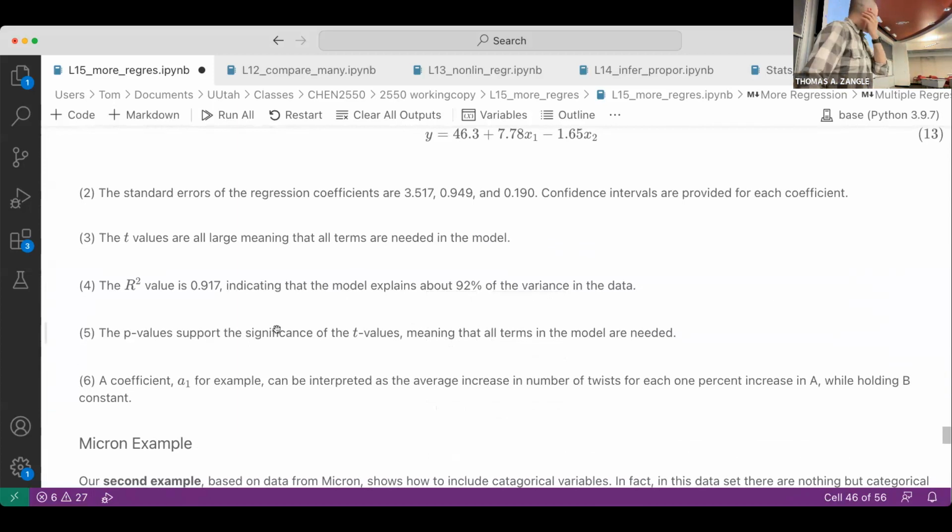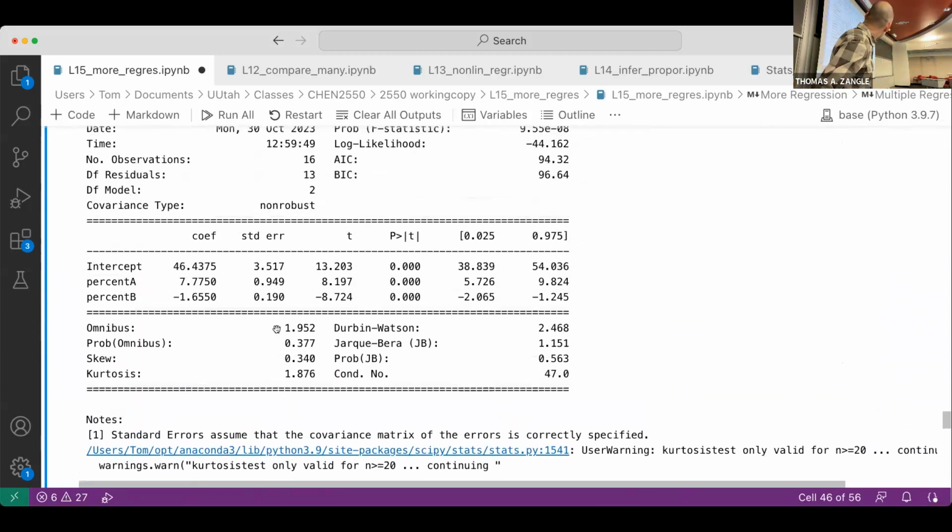The p-values, so in this case, we can interpret these p-values that are given here and the large t-values as in they're far away from zero, or the absolute value of these numbers is large, right? Indicating that these t-values are far away from zero, or very low p-values, right? So these two things correspond to one another. That indicates that all terms in this model are needed.